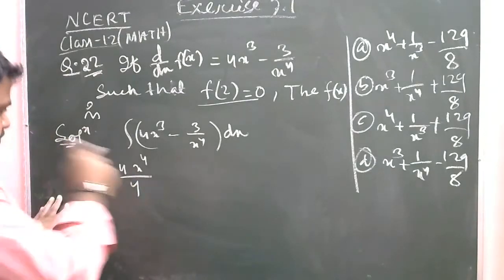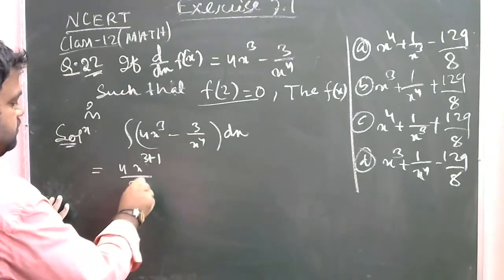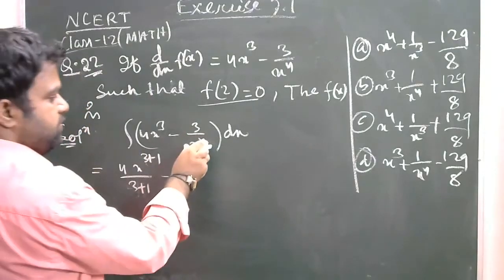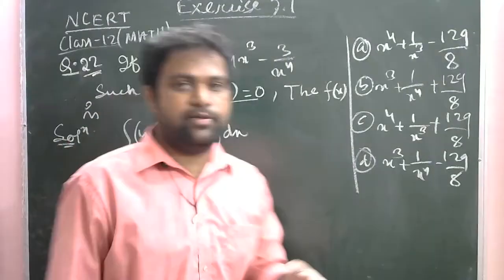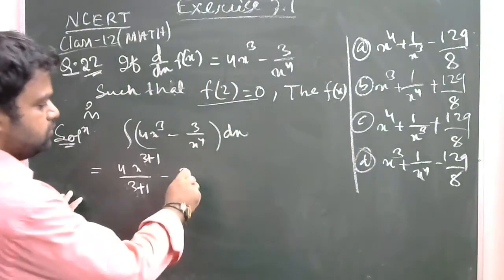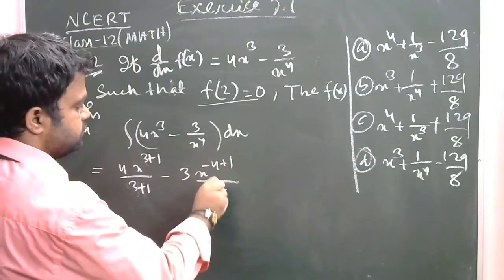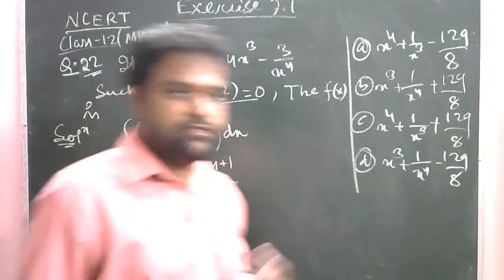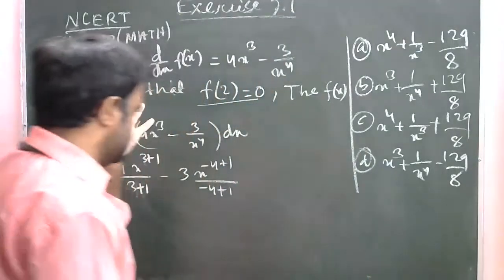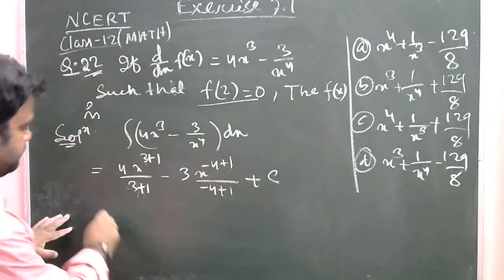I'm writing directly, or if you are confused, you can write 3 plus 1. Minus 3 x to the power minus 4. If I take x⁴ to the numerator, it will become x to the power minus 4. So x to the power minus 4 plus 1. Whether it is negative, fraction or positive number, always we will use n plus 1 by n plus 1.